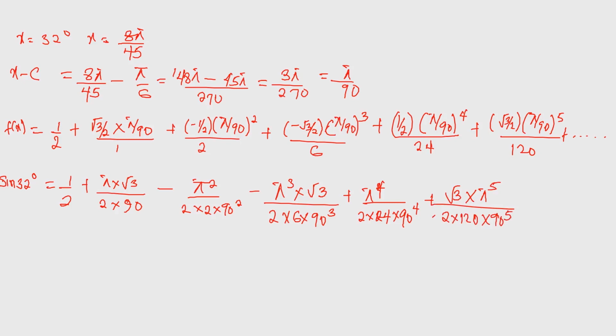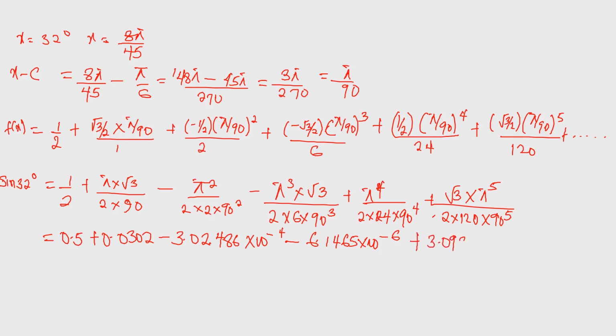Okay, so here we are. At this point, what do we need to do? We just need to compute: 1 divided by 2 is 0.5, then plus, if you enter this in your calculator, you're going to have 0.0302, then minus 3.02486 times 10 raised to the power of minus 4, then minus 6.1465 times 10 raised to the power of minus 6, and plus 3.00980 times 10 raised to the power of minus 8, then plus 3.7477 times 10 raised to the power of minus 10.